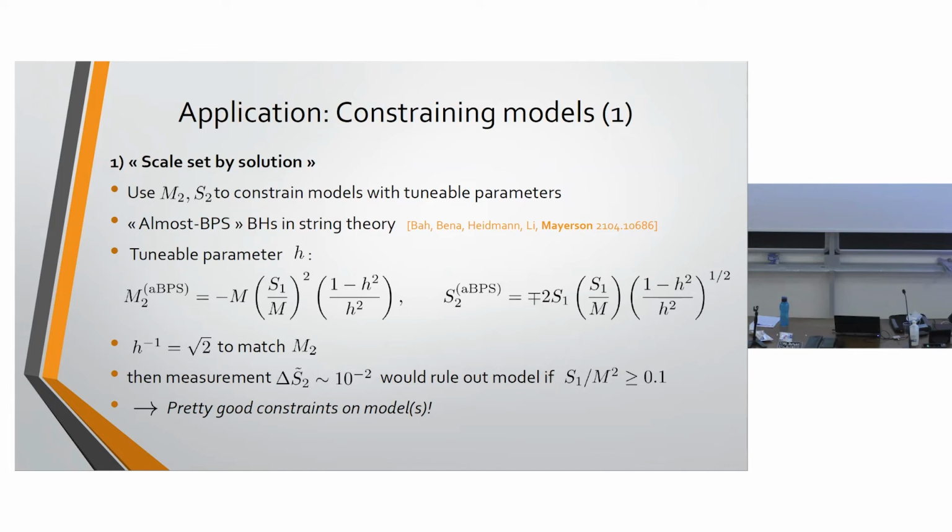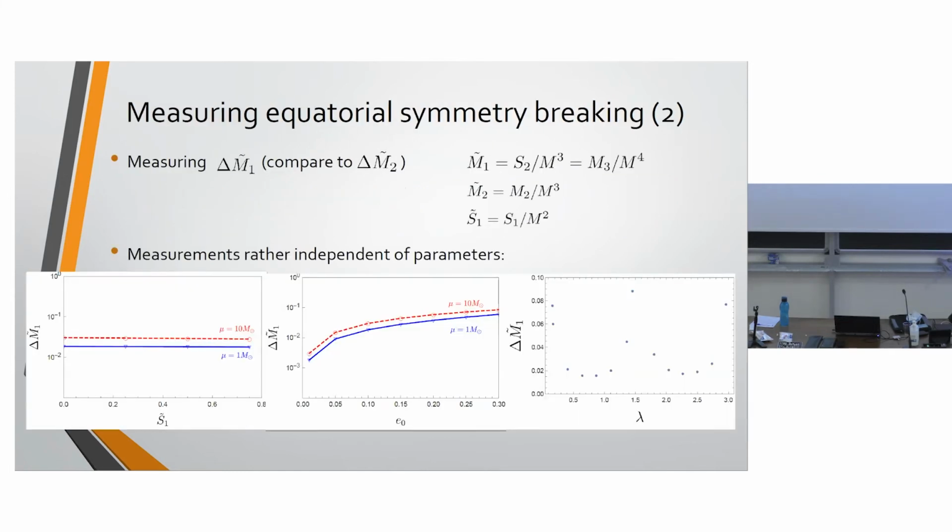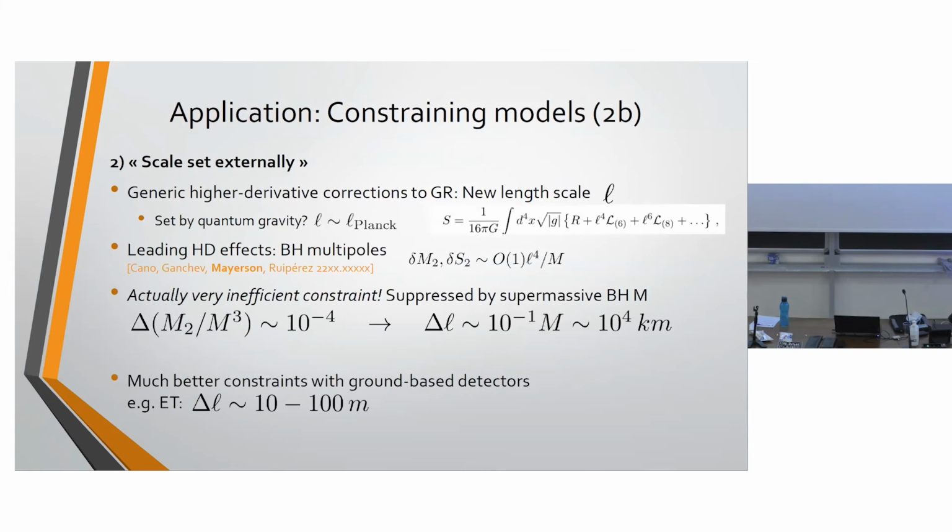So for higher derivatives, we haven't done it in this fully general story, but for the sixth derivative case, there are some numbers, and they essentially give you the same order of magnitude of constraints as the multipole constraints. If you plug them into how well we can constrain the love numbers and translate that to the length scale, you get the same numbers basically. If that was your question. That's an additional effect to the effects that you're considering, isn't that right? Yeah, it's a different effect. Yes, absolutely. Thanks.